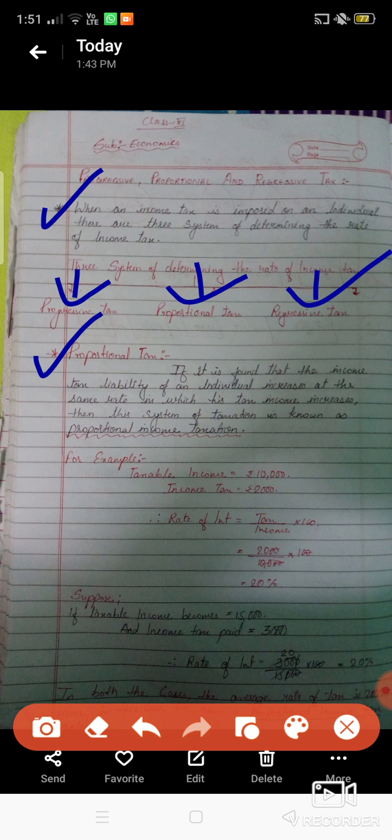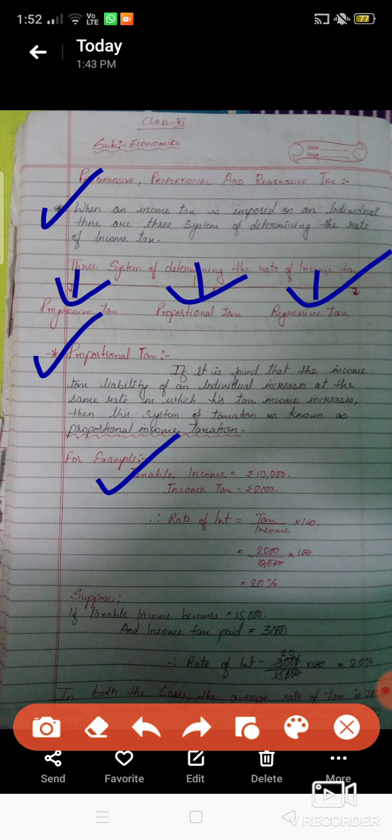There is some taxable income on which an individual has to pay tax. Suppose an individual's taxable income is 10,000, which means he has to pay some tax on these 10,000.